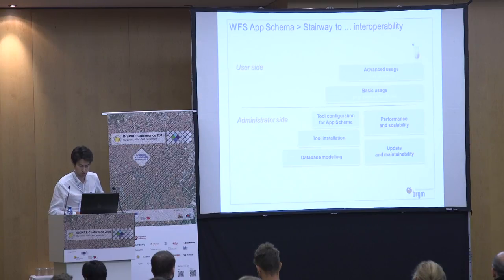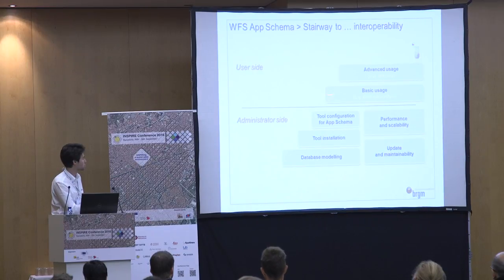We have to choose the tool before. Tool configuration enables, as a test, some basic usage. After that, some advanced usage, basically by using filtering. And if we want to get something sustainable, we also have to look at update and maintainability, and performance and scalability. This is the only way that the services can be used in production mode.